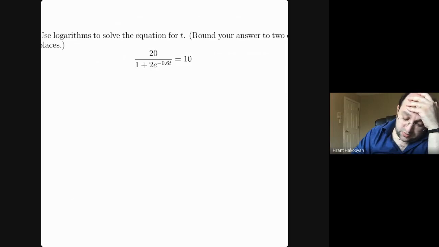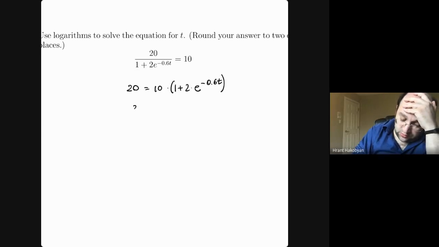So let's find this term. If I cross multiply, I'm going to get 20 is equal to 10 times 1 plus 2 times e to the negative 0.6t. And I'm going to divide by 10 on both sides, so I get 2 is equal to 1 plus 2e to the negative 0.6t.